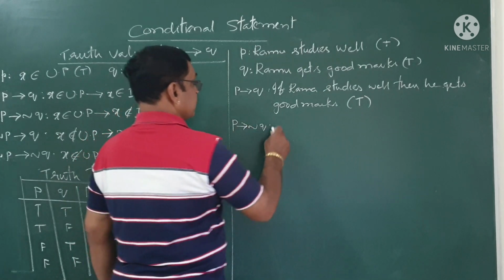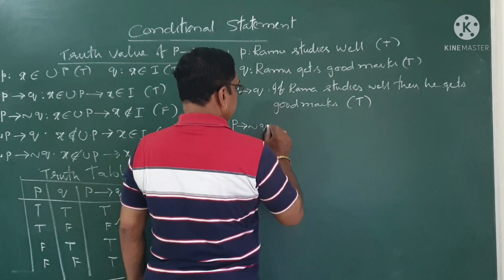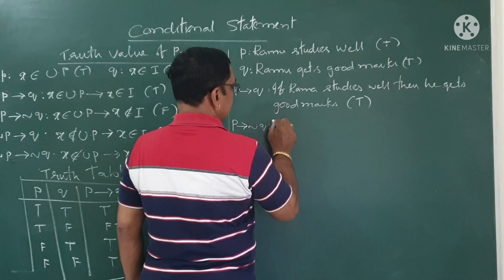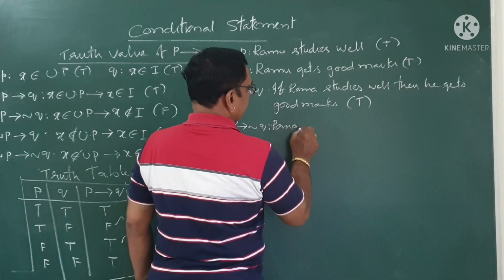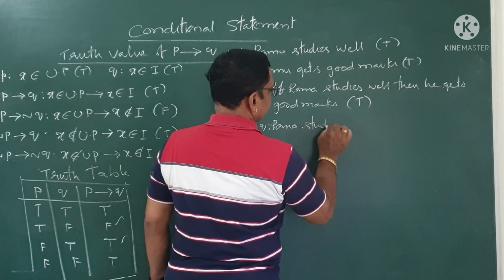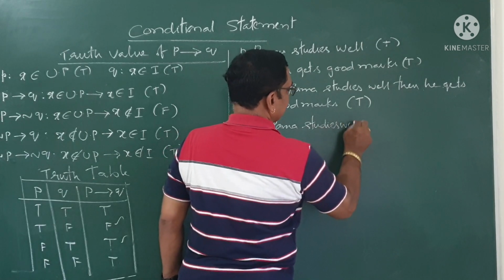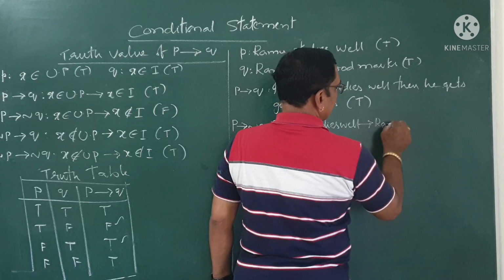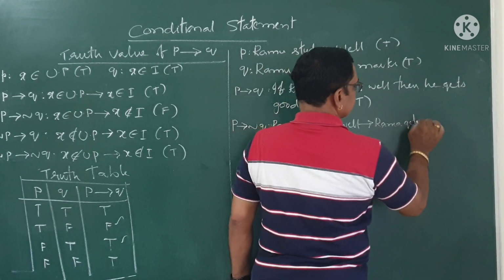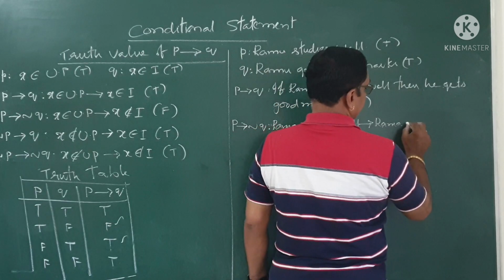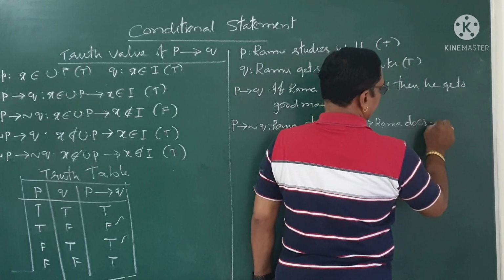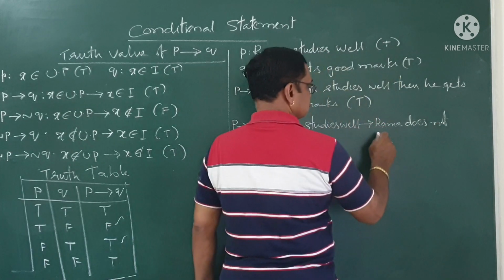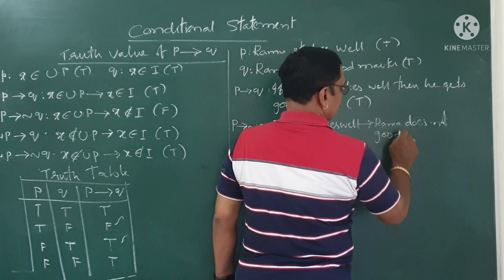So I'll write it down using notation: Rama studies well implies Rama does not get good marks.